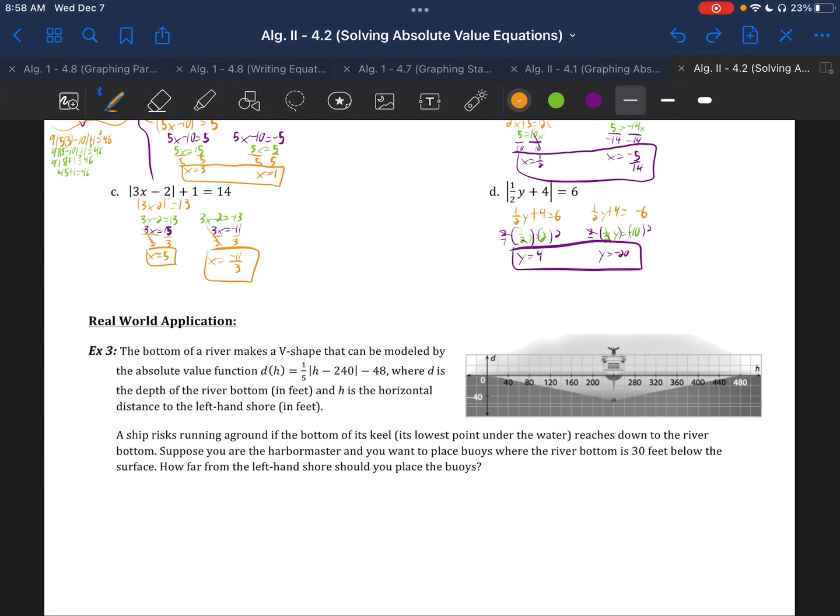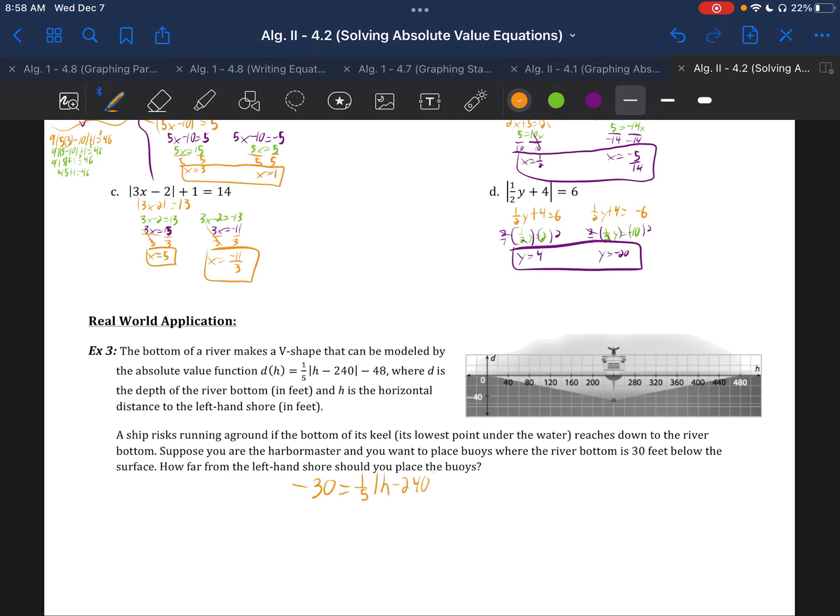So what we do is we say, okay, we want it to be where the depth is 30 feet below the surface. So we're going to take this equation here, and we're going to make the depth, so over here on the left side, negative 30, because that's 30 feet below the surface.